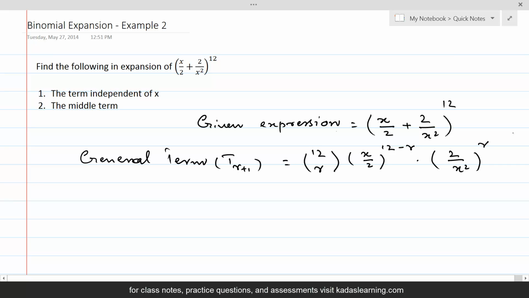This is what is called the general term. Let's write it as equation 1 so that we can refer back to it.